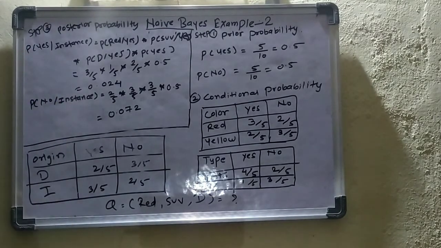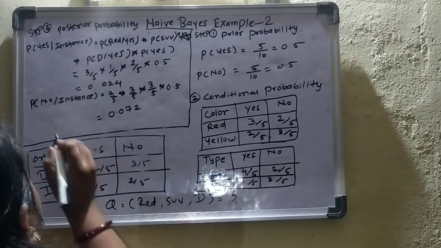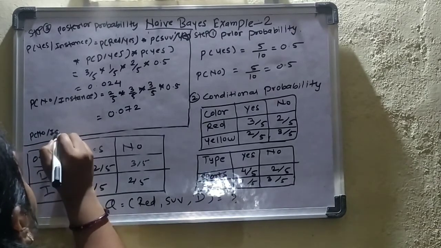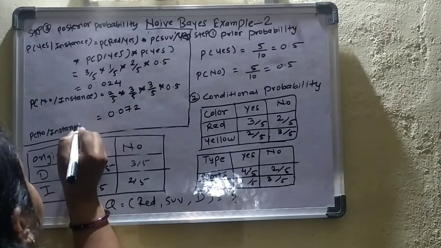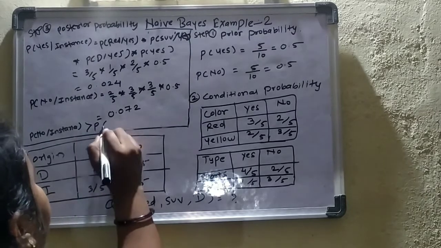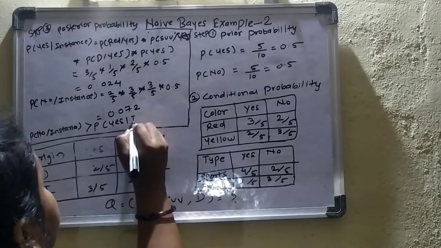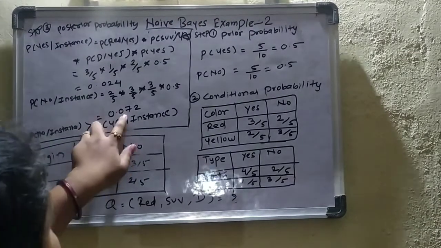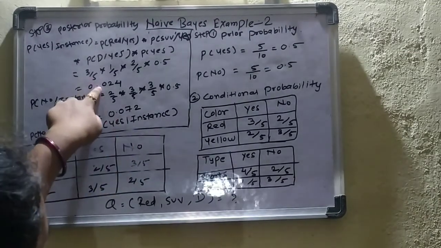Now if you see the values carefully, probability of no for the instance is greater than probability of yes for the instance. It's 0.072 whereas it is 0.024.